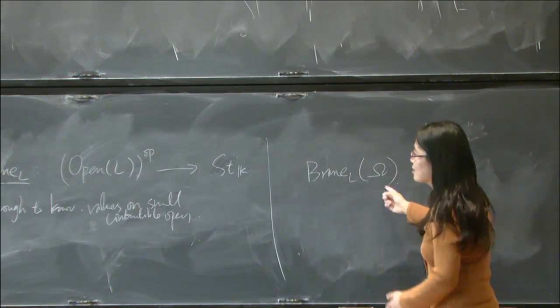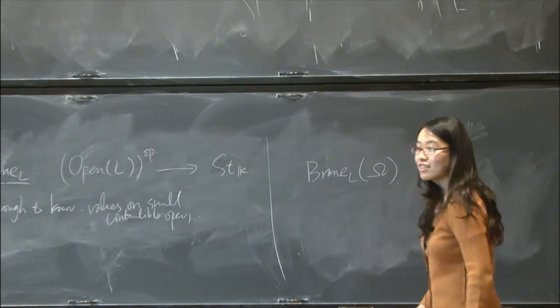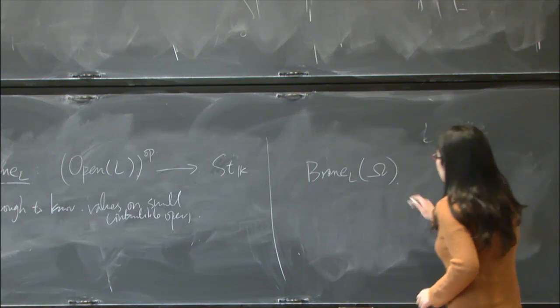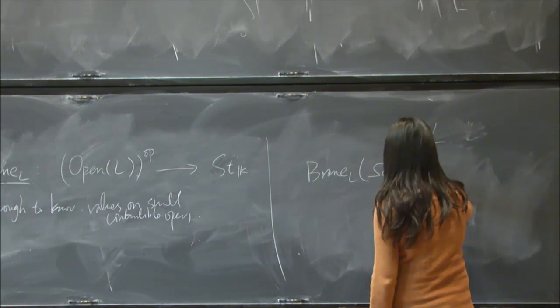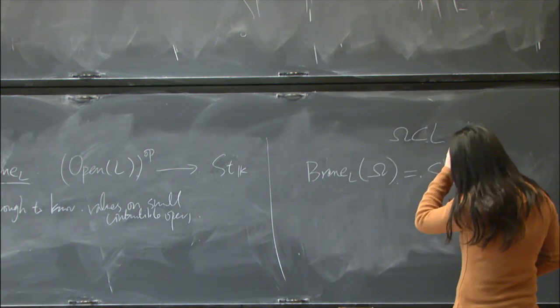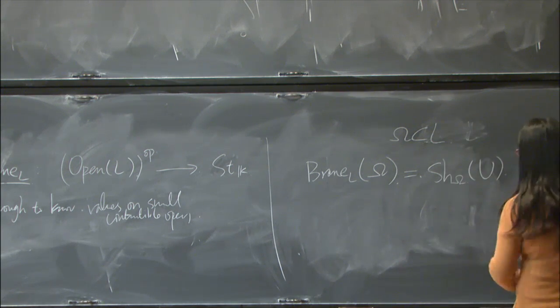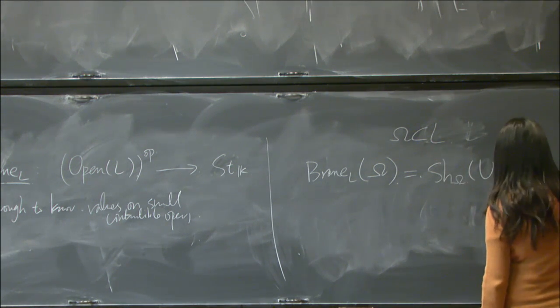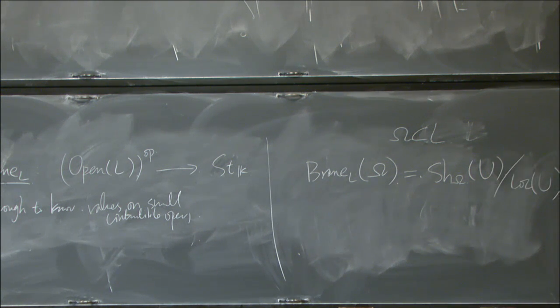You can also think of this as a sheaf on boldface L. So for each small contractible open in L, you assign the category of sheaves with singular support in omega, with some open neighborhood of the front projection, and you quotient by local systems on it.